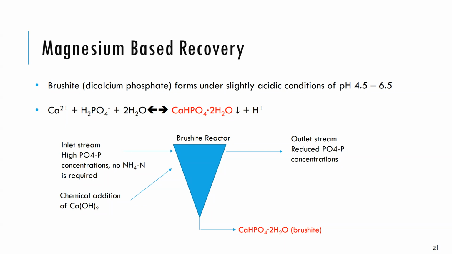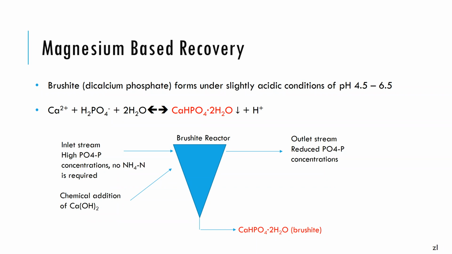Therefore, this technology is limited to liquid phase recovery, but it can handle very high concentration of phosphate without the high concentration of ammonia. This could be very beneficial for example for the aerobic digestion process, which will have very high concentration of phosphate, but no ammonia, or very low concentration of ammonia.